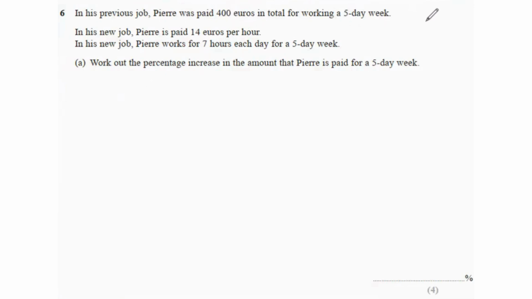Now the new income is 7 times 5, because in one day he works for 7 hours, and then times the per hour rate, which is 14. So that's 35 times 14, and that's 490 euros for the new job.